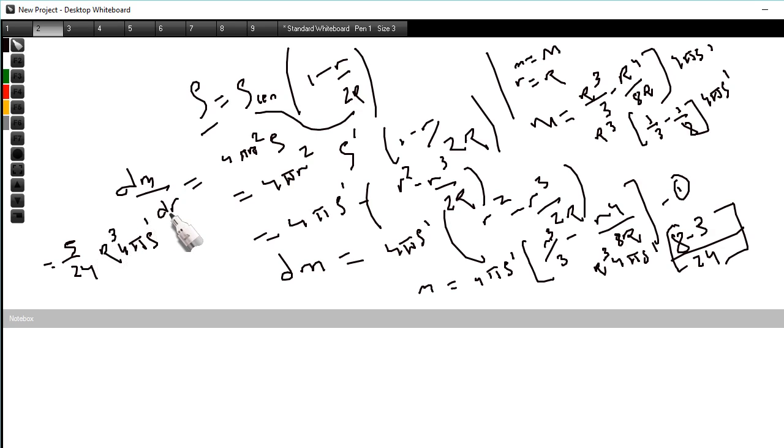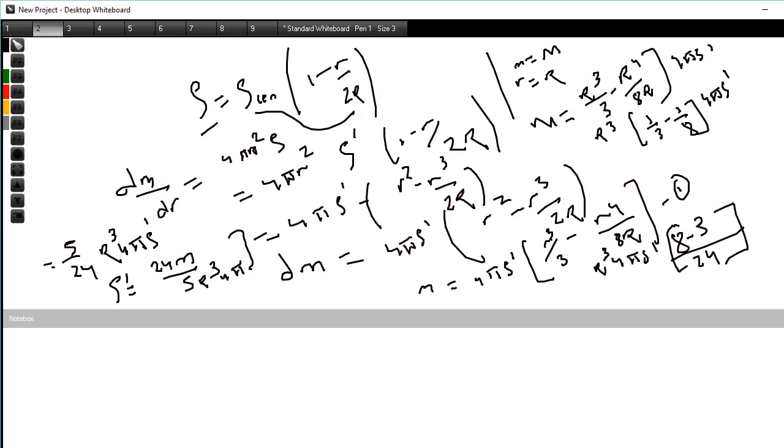So this is the mass relation. So from here I can get the density as 24 M divided by 5 r cube and 4 pi. So this is the density that I'll be getting from here.